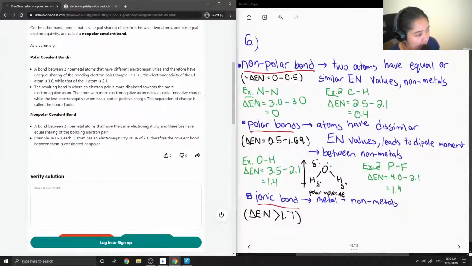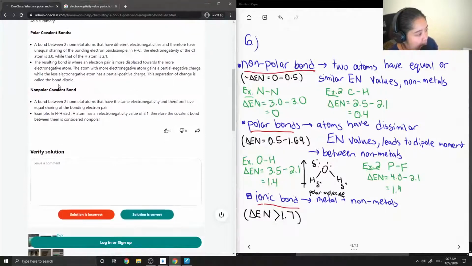For example, the hydrogen and chlorine bond, electronegativity of chlorine is 3, while that of hydrogen is 2.1. The resulting bond is where an electron pair is more displaced towards the more electronegative atom. The more electronegative atom gains a partial negative charge, while the less electronegative atom has a partially positive charge. This separation of charge is called the bond dipole.